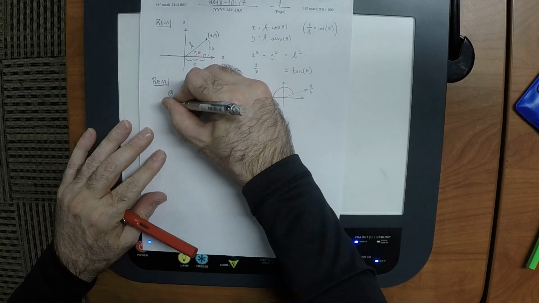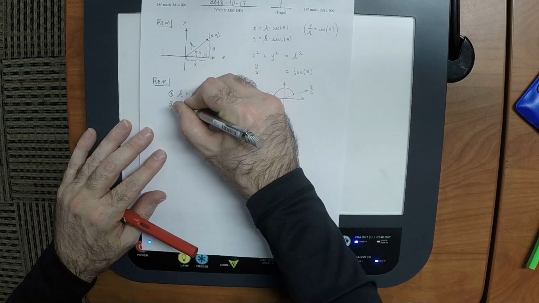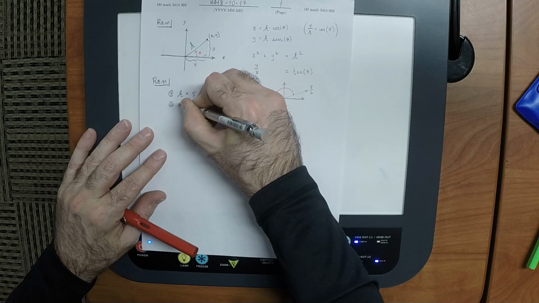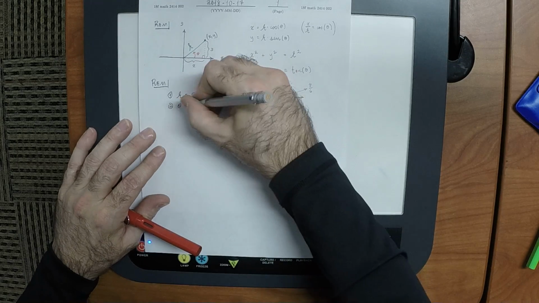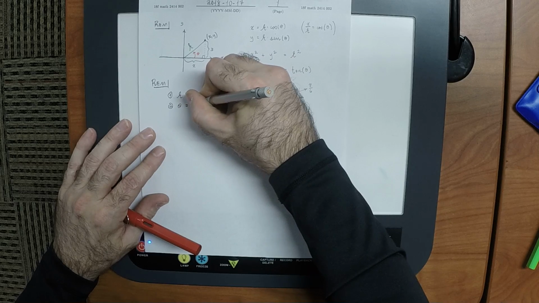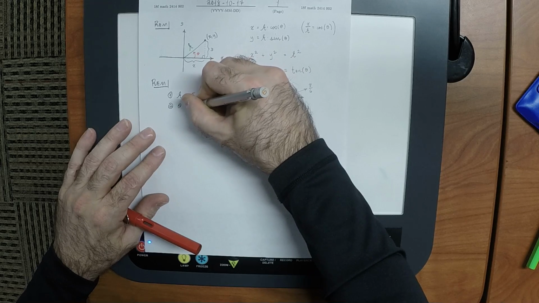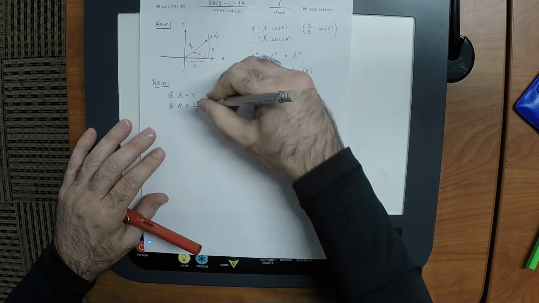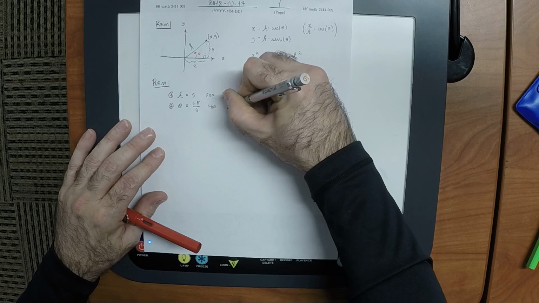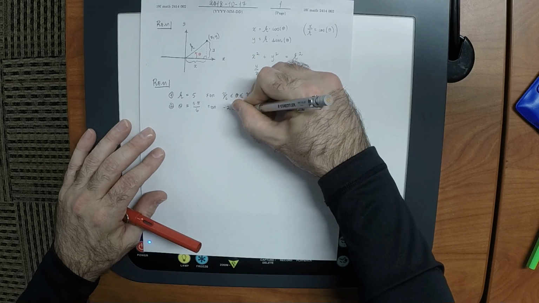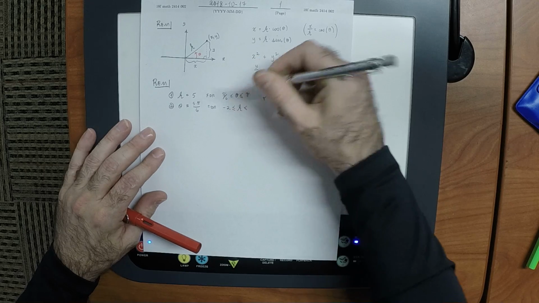Similarly, if we say, for example, theta is, I don't know, 5 pi over 6, and then we'll say for -2 less than or equal to r less than 3.